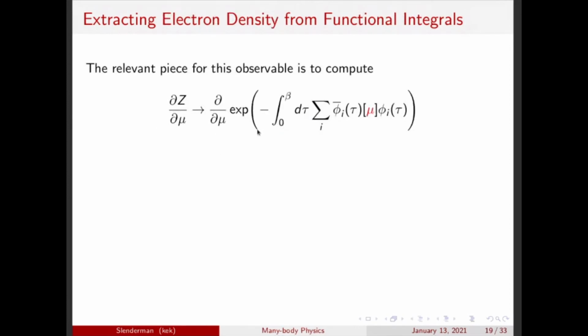So despite this looking more complicated, this still is a derivative of an exponential with respect to a scalar in that exponential. And so d/dmu acting on this, does anyone want to guess what this looks like?